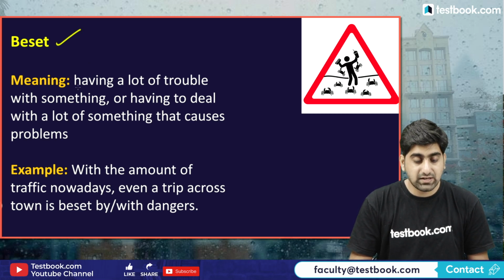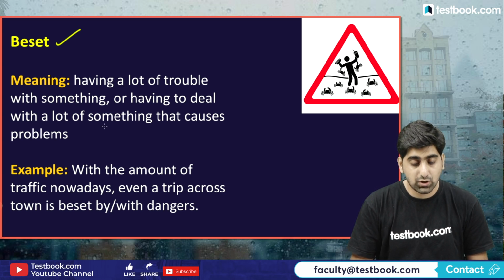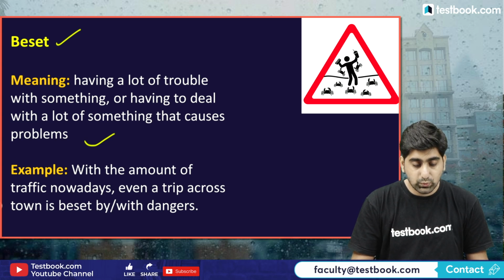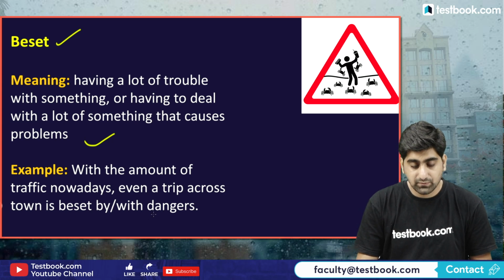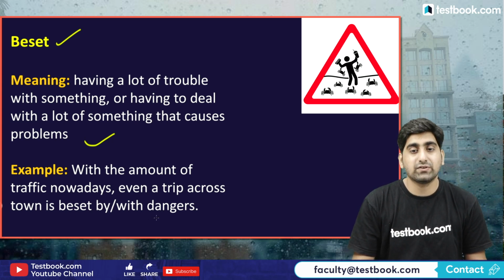It basically means having a lot of trouble with something or having to deal with a lot of something that causes a problem. And the example is, with the amount of traffic nowadays, even a trip across town is beset with danger.